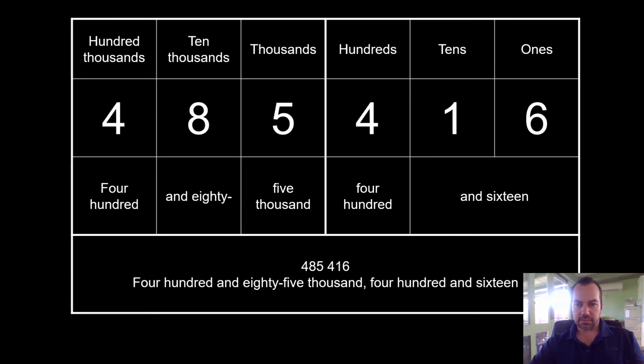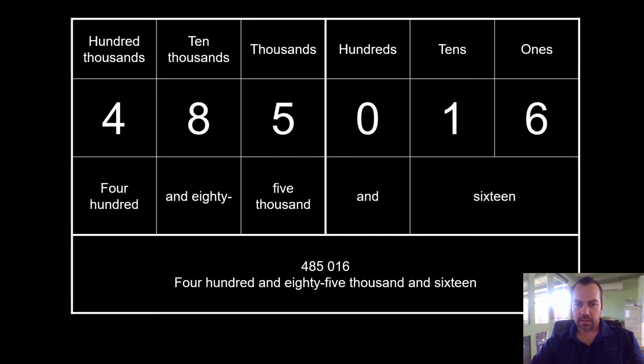Let me show you the next one. For the next one, I'll drop the hundreds down to 0. So there'll be a 0 there to hold the place. And because there's a 0 now, I'm not going to put a comma. I'm going to put an and in here. So it'll be 485,016. I think in America they would just say 485,016.